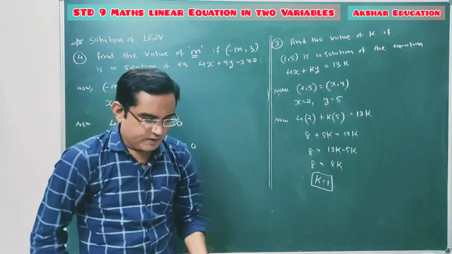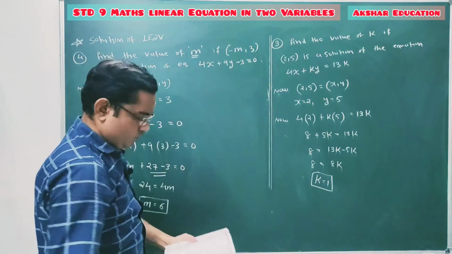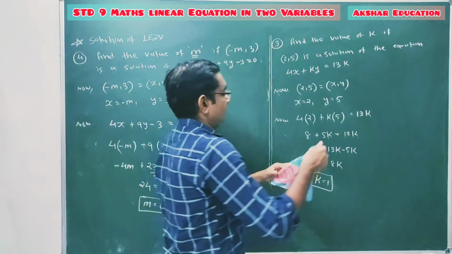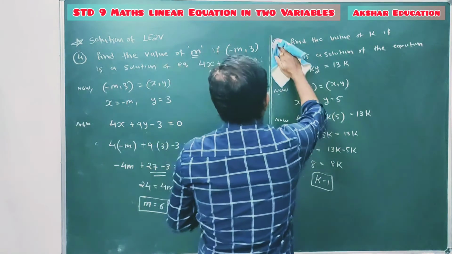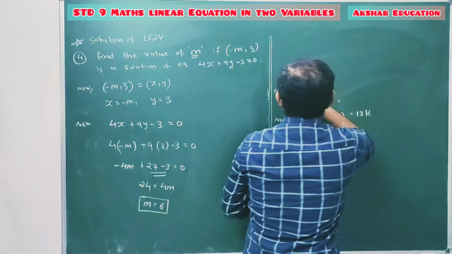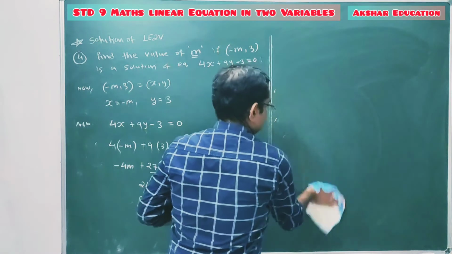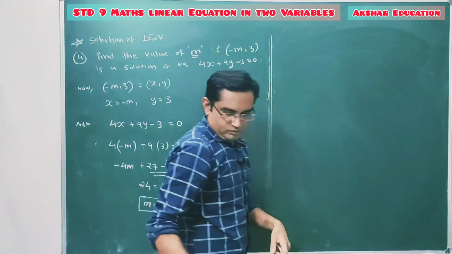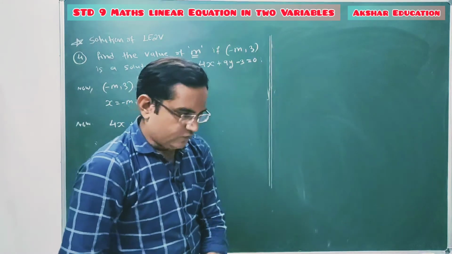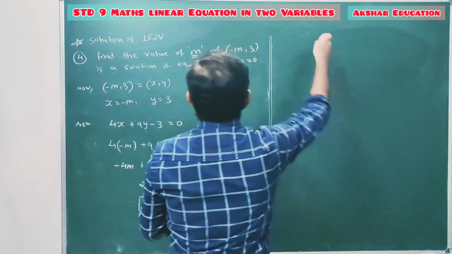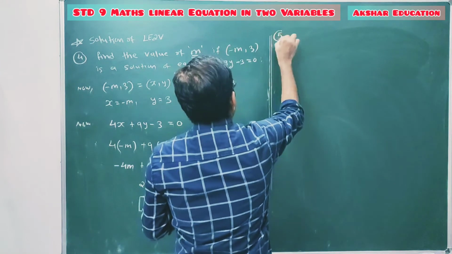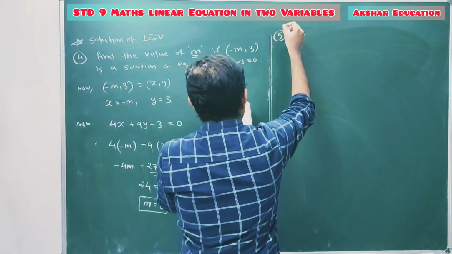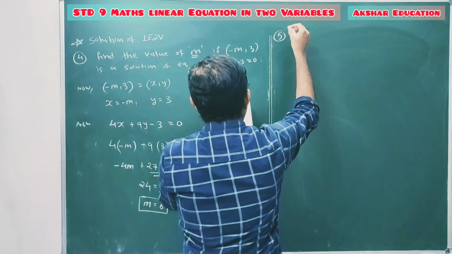Now consider if you are given two variables instead of one variable. So that is question number 5. Up to now we had to find only one variable. Now we have to find the values for two variables.